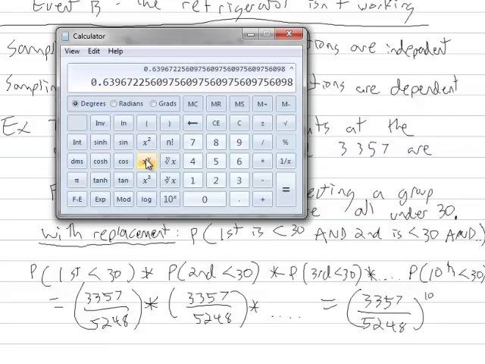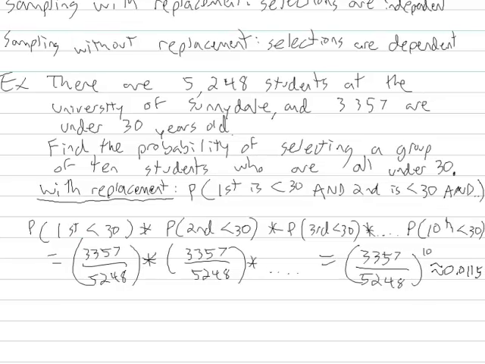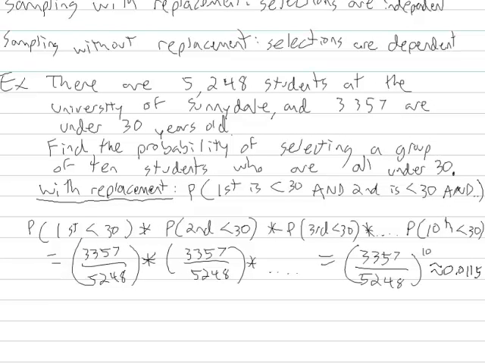Raise this to the 10th power, 0.01147, about 0.0115. It's pretty unlikely. It's a low probability that I'm going to select 10 students and they will all be under 30.